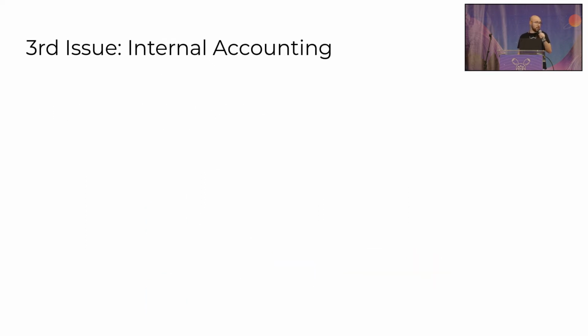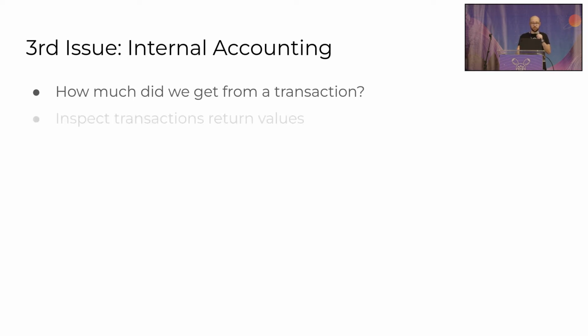So what is internal accounting? And there are a lot of issues which relate to this. So internal accounting refers essentially to how many tokens a fund holds, right? And how the number of tokens that are held by the fund change when we interact with a protocol.